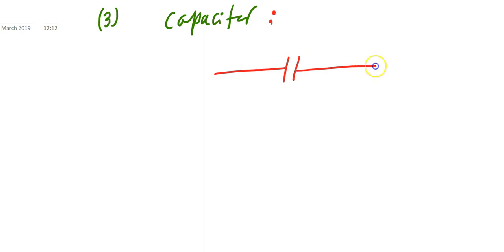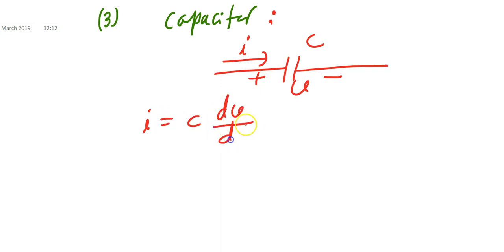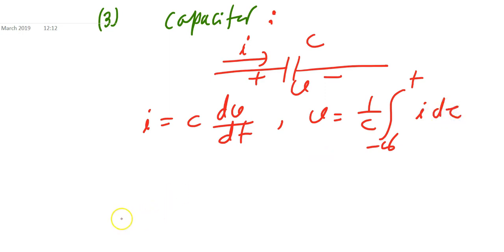Draw the capacitor. This is the current, this is the voltage. Basic relations are I is equal to C dV upon dt, and voltage is equal to 1 upon C integration from minus infinity to t of I d tau, right?